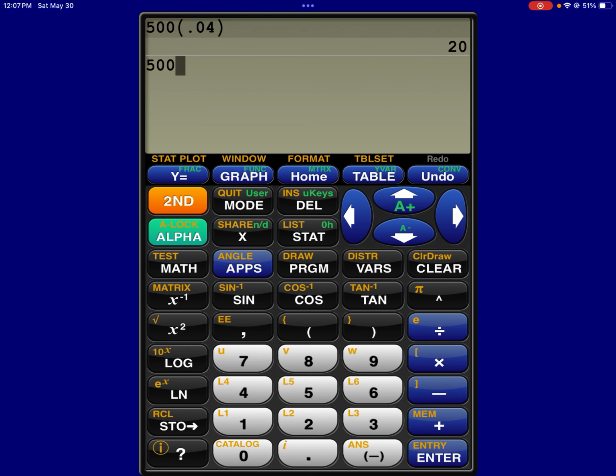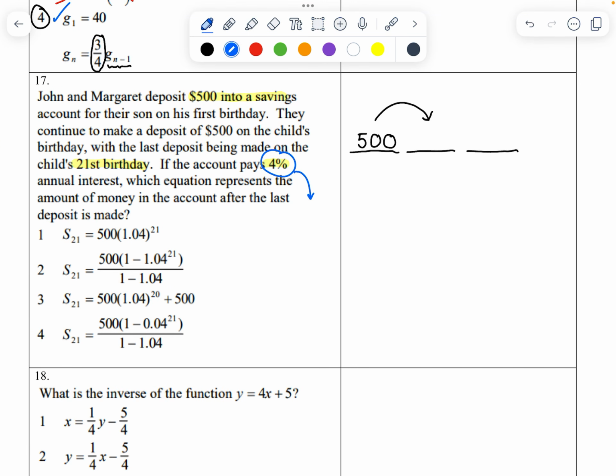So what happens is when you have a question like this, you want to add 1 to it. So I have $520 the next year. So this is what's called your ratio, not your rate.